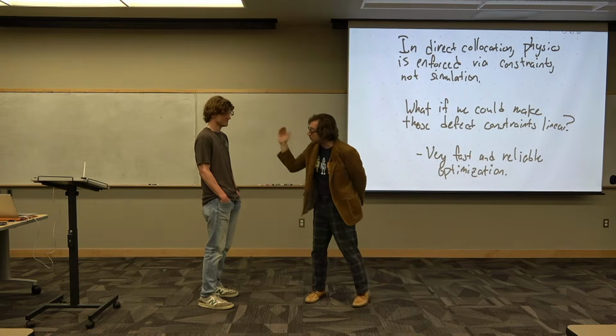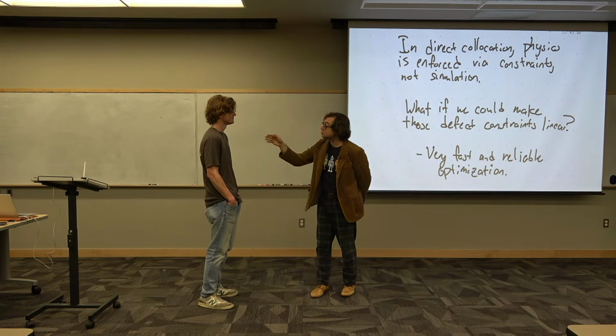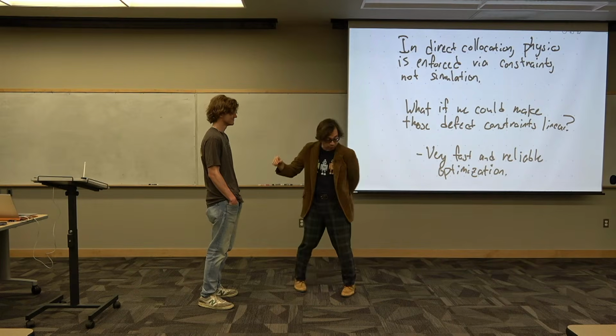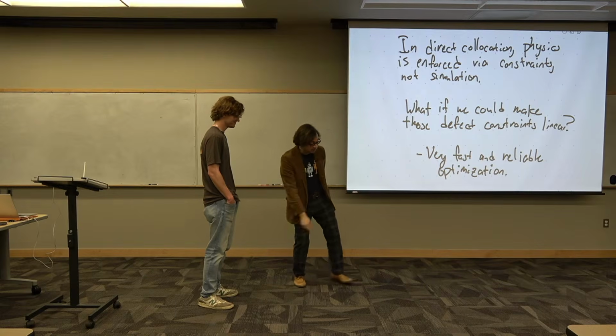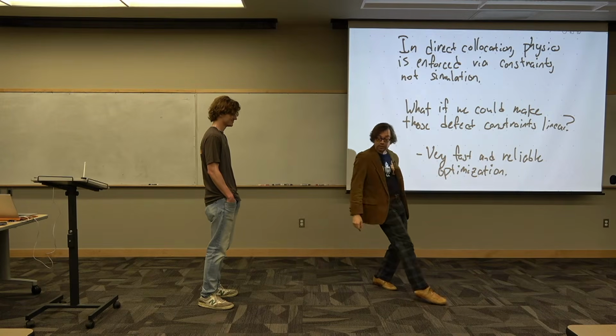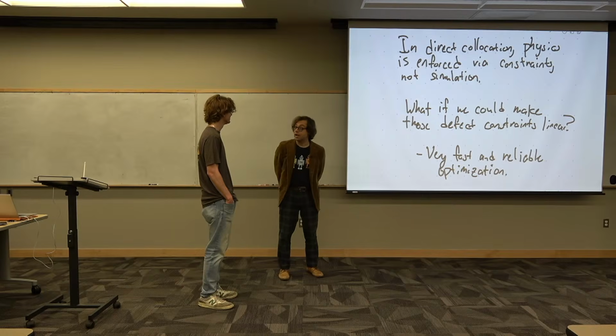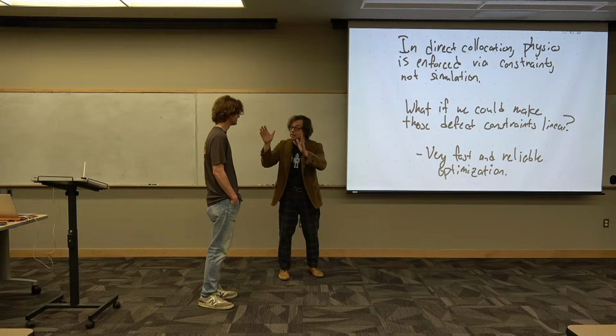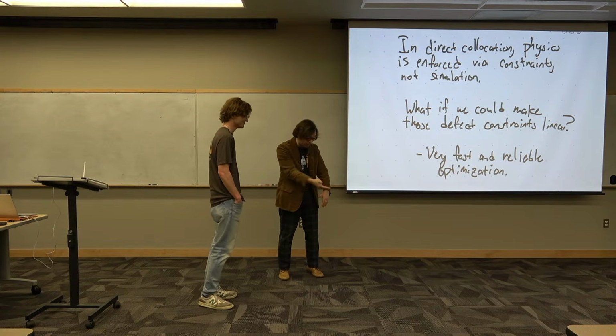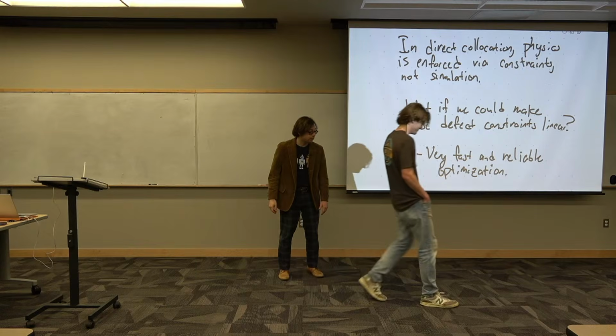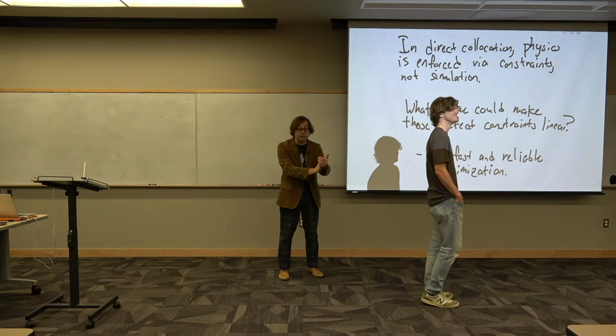I'm going to give you a task. Your constraint is that within a few seconds, you get to stand right there and come to a stop. Your cost function is whatever you want. Have you optimized it in your head? Could you execute on that optimization, please? Fantastic. Round of applause for our optimizer.